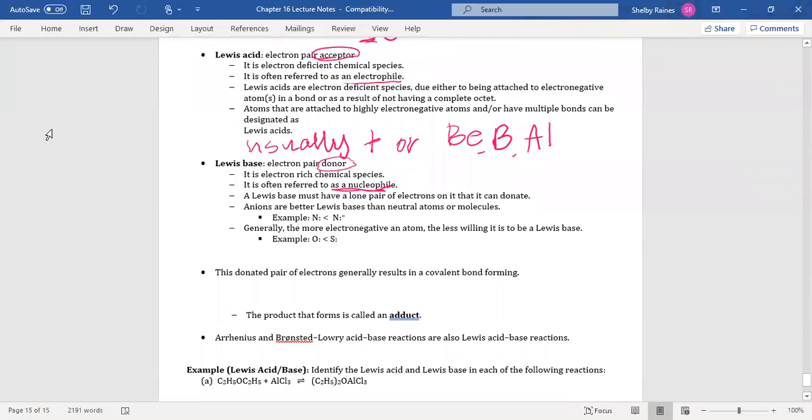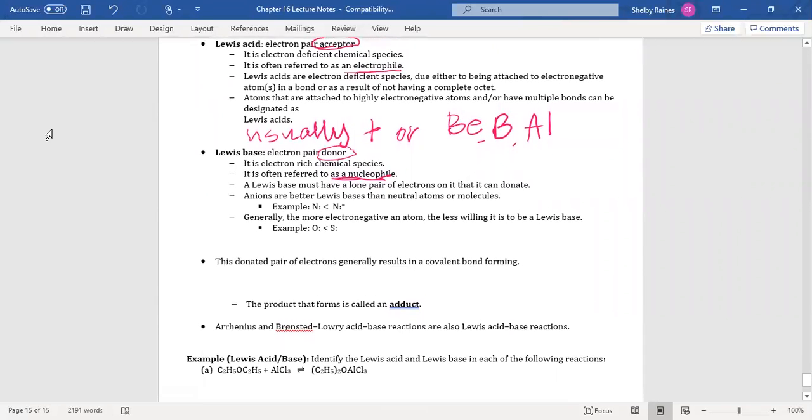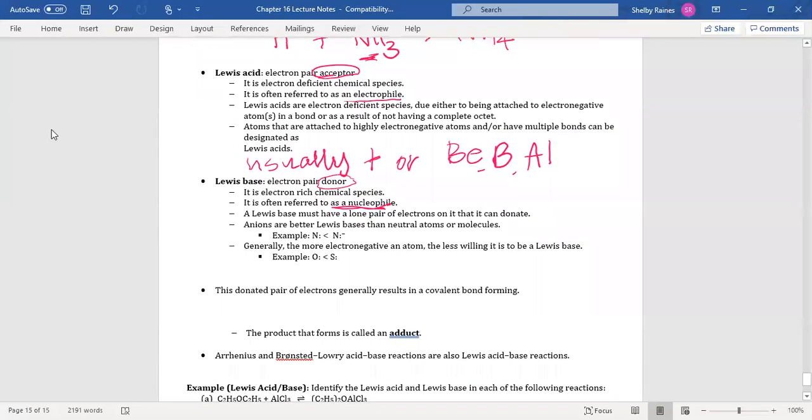The donated pair of electrons generally results in a covalent bond forming. So as an example, BF3 plus NH3. Boron has an incomplete octet, so it's going to be an acid.